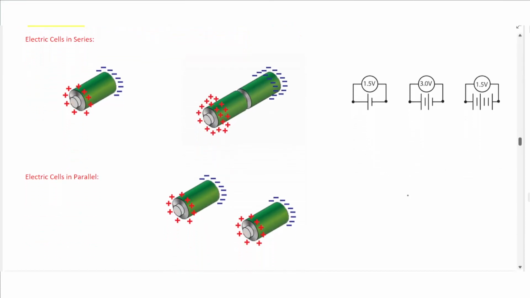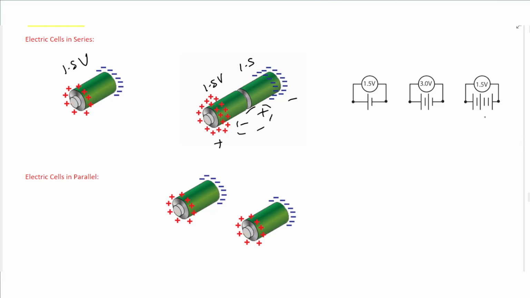If you connect batteries in series, the voltage will be added together. So if you have a 1.5 volt cell and you connect two of them in the correct way, which means positive, negative, each terminal has an opposite terminal facing it, the total voltage will be 3 volts.